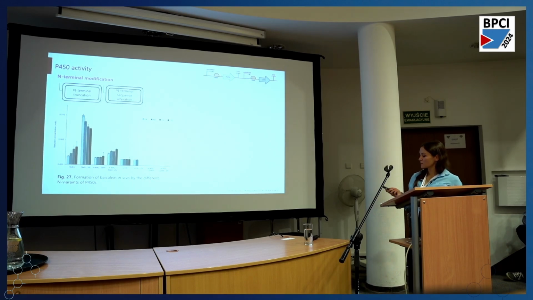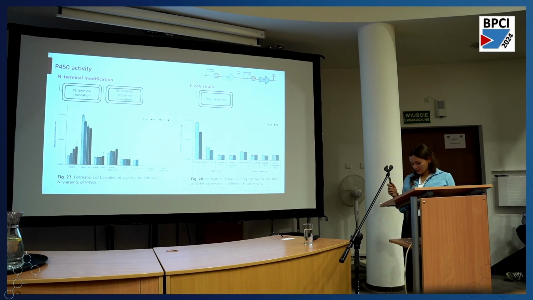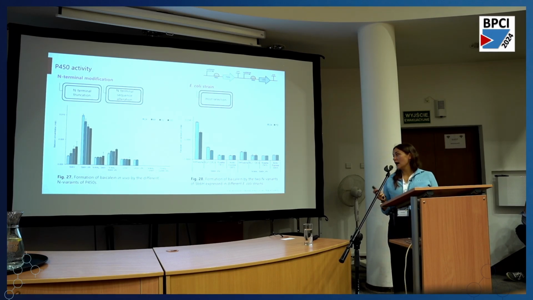with the nice baicalein production. The next part was about the E. coli strain selection, and that was also quite surprising for us, because it revealed that DH5 alpha was the best host for that kind of enzyme, even though we found in the literature that the Rosetta strain was dedicated for that enzyme.